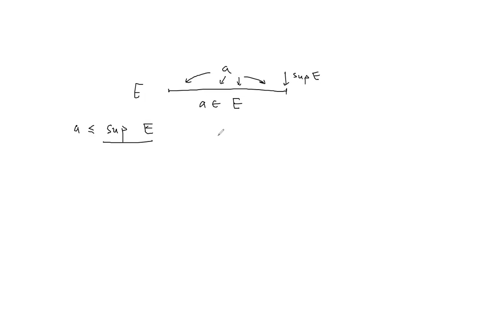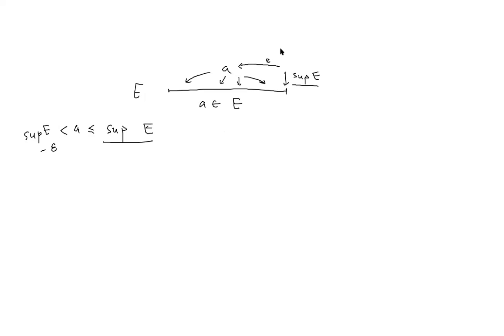And then it says that A is larger than sup E minus some epsilon. Which is basically saying that sup E minus epsilon is where you start from sup E and then go backwards by an amount epsilon.